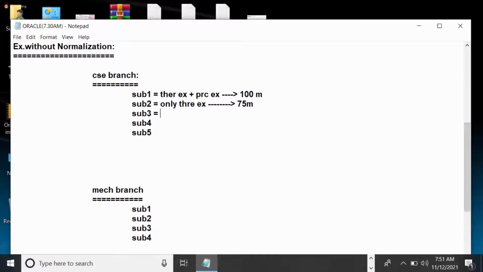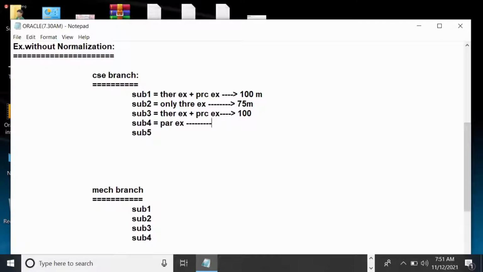The third subject again has a theory exam plus practical. So this is again 100. Then subject number 4, for example, has only a practical exam.